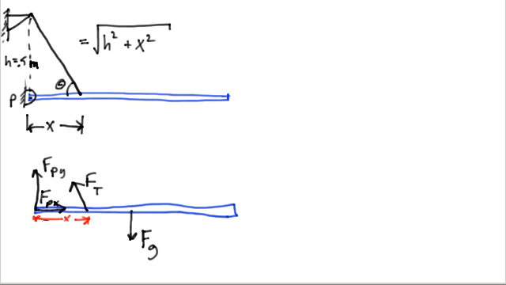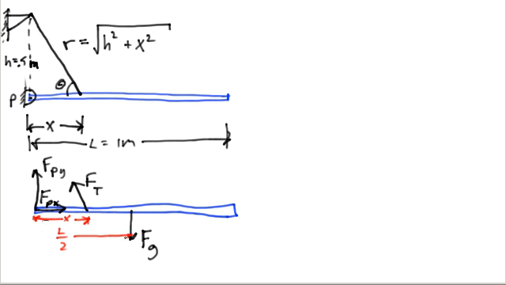I choose to change the name of this to R. I think that's the only place I got it so far, because I want to call the length of the stick L. And I'll make this distance be L over 2.